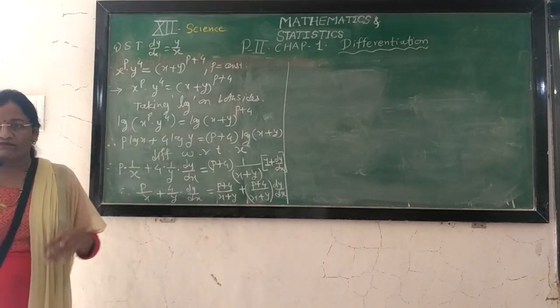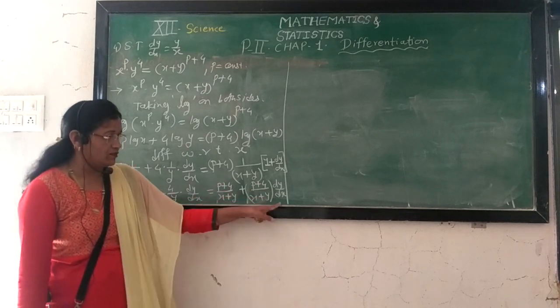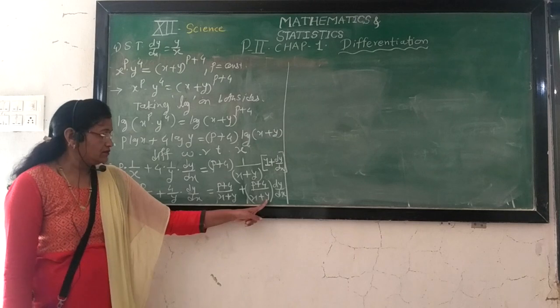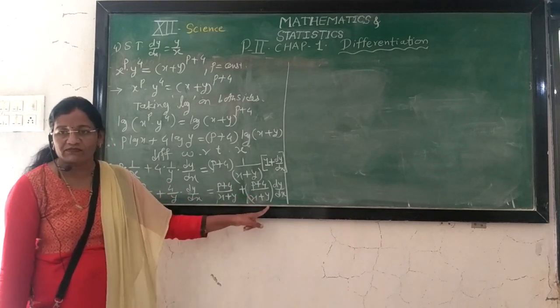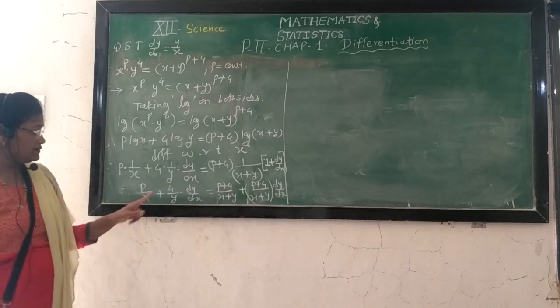After differentiation, our second step for this working is to collect the coefficient of dy by dx. Here we get two terms having coefficients 4 by y and p plus 4 upon x plus y. Now collect the terms with the coefficient dy by dx to the left side.